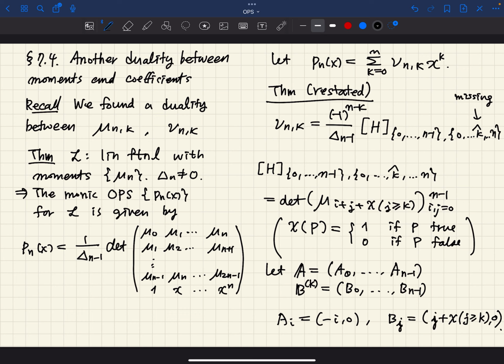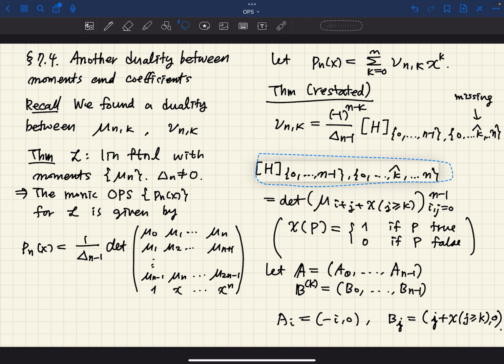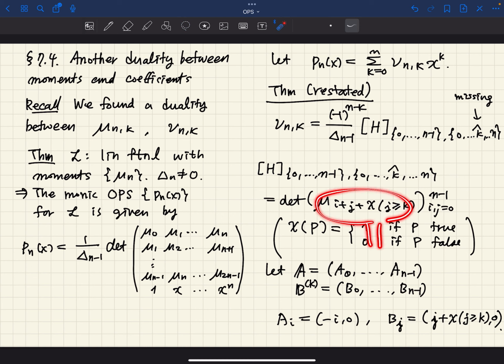So then this thing over here is exactly the generating function for the matrix of this, but this is exactly the generating function for all paths from A_i to B_j.